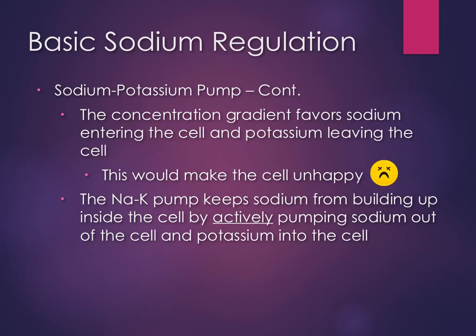This would not be good for the cellular membrane. We need to keep these two ions where they belong for that membrane potential across the cellular membrane. The sodium-potassium pump actively keeps sodium from building up inside the cell by pumping sodium out of the cell and potassium into the cell to keep these two concentration gradients always at the same level.